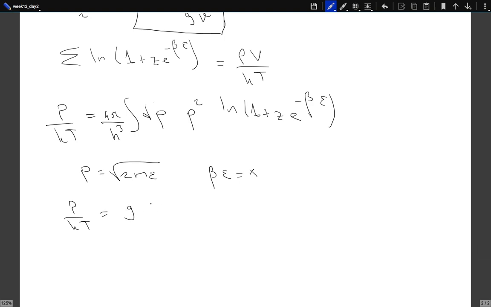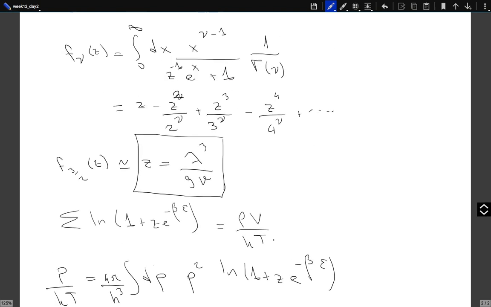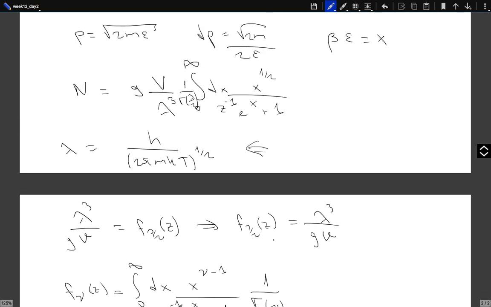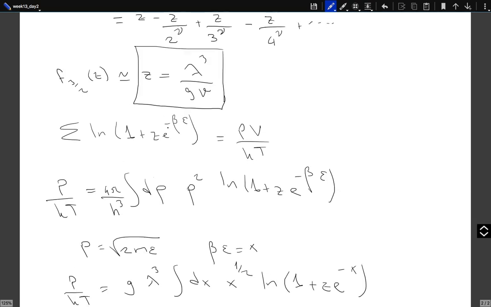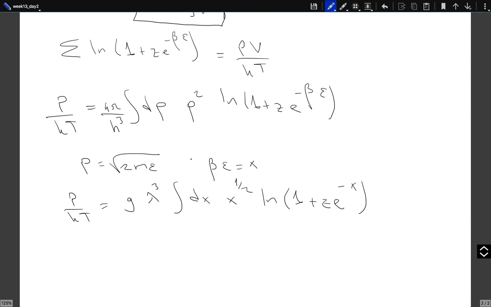So this is g over lambda cube, integral dx x to the power 1/2 logarithm of 1 plus z e to the power minus x.